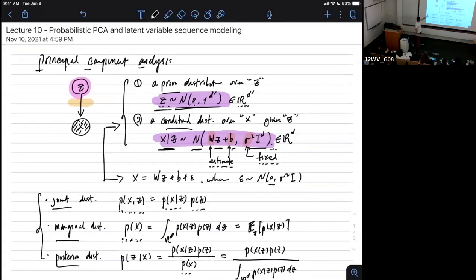The mean of z is the zero vector, the covariance of z is just a constant, so they don't depend on x. And then the mean of x is going to be this linear function of z, and the covariance of this conditional distribution is going to be a constant.